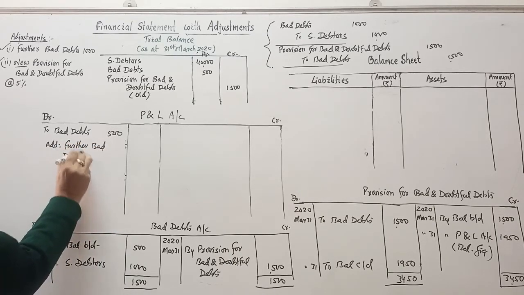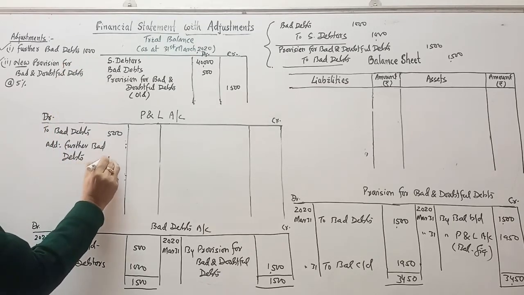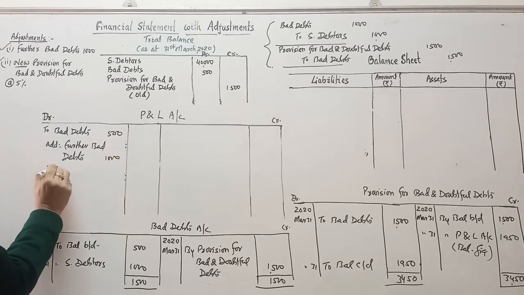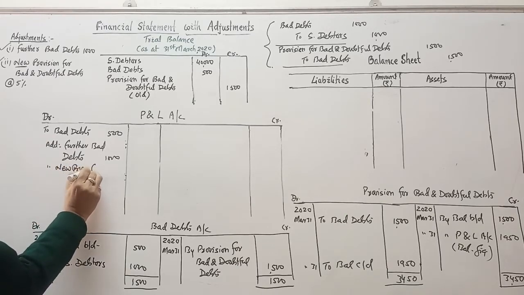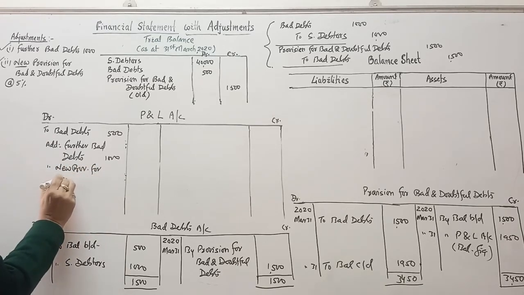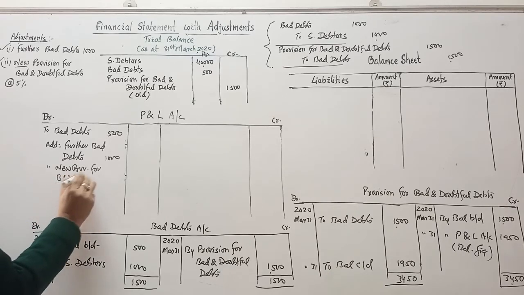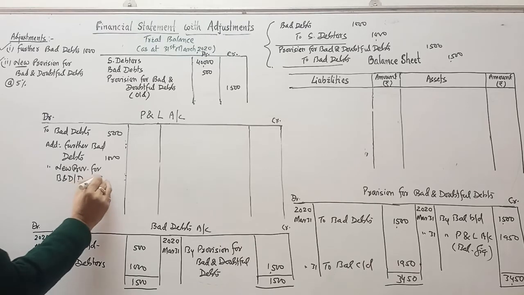How much is it? Further bad debts is 1000. Add the new provision for bad and doubtful debts. How much is it? 1950 is the new provision.